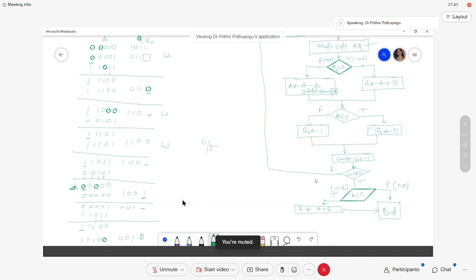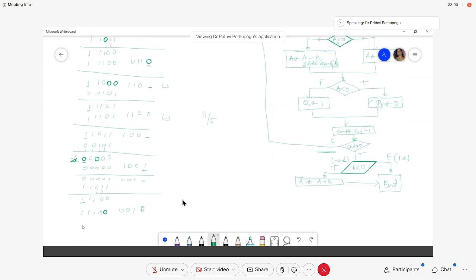We completed the total division process, and the final result consideration is based on the value of A, or the sign bit of A. If it is less than 0, we need to add B. We need to add B in order to get back the original value of the result. So something like 2 and the remainder will be 1.